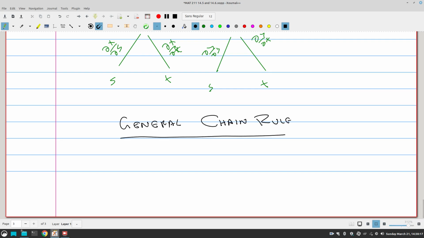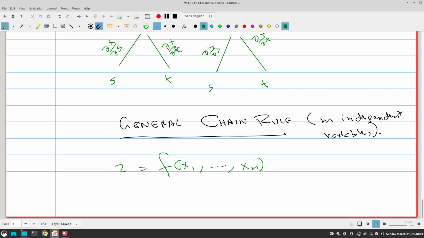Right, and we have m independent variables, right? So from z you get n intermediate variables, right?